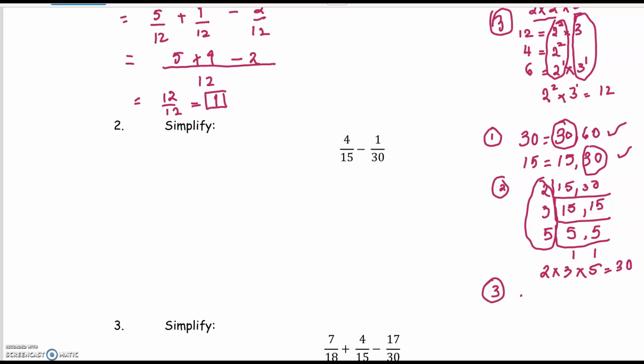Now, what is the next method? Prime factoring. So 3 to the 1 times 5 to the 1 is 15. 30 is 2 times 15, so it's 2 to the 1 times 15, which is 3 to the 1 times 5 to the 1. Now we pick the largest 2. There's only 1, so that's 2.